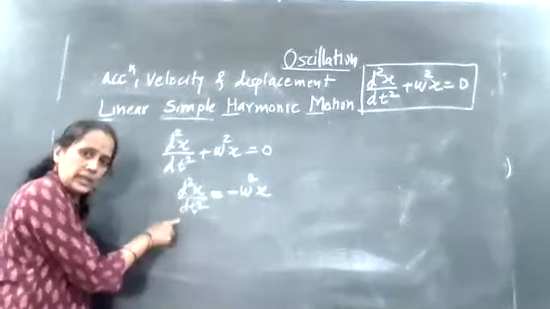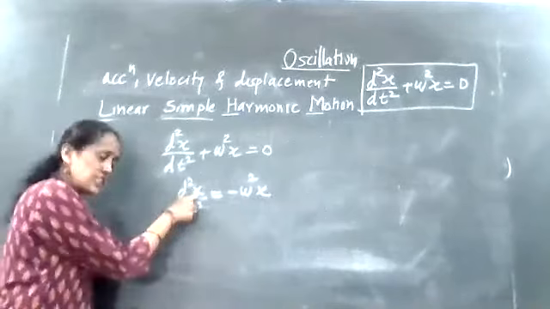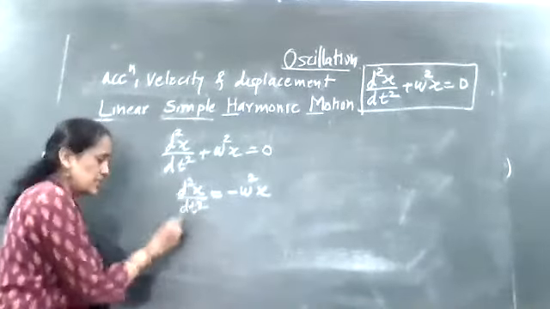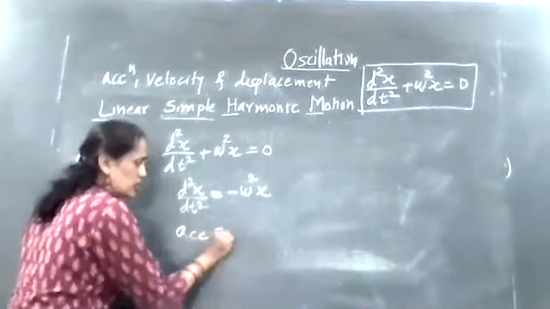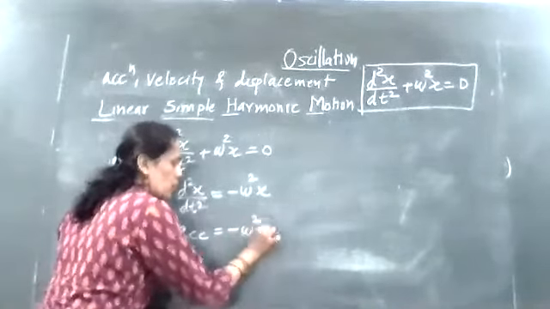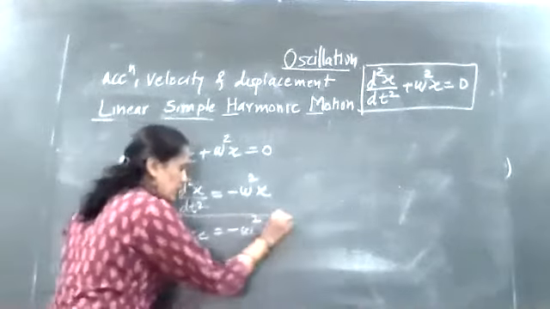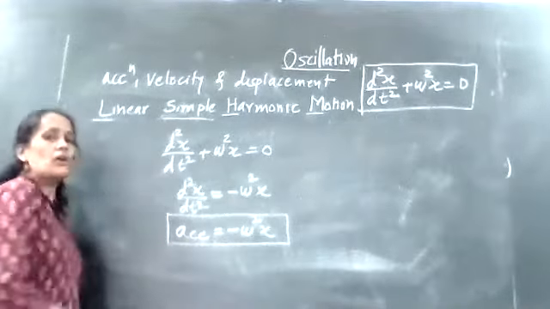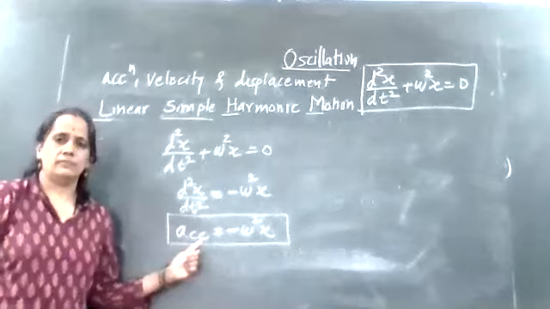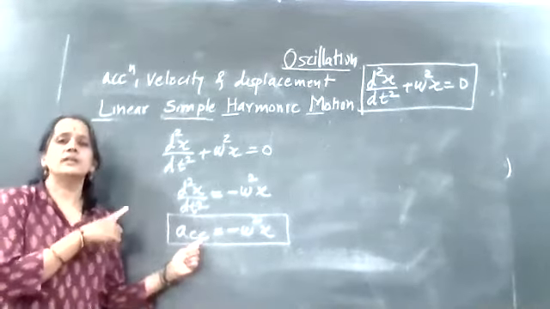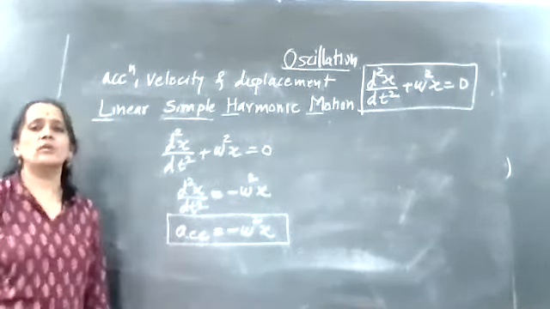d square x by dt square, differentiation of x two times, is nothing but your acceleration. So acceleration is equal to minus omega square x. So now I am getting the first formula, for acceleration when the particle is performing linear simple harmonic motion.